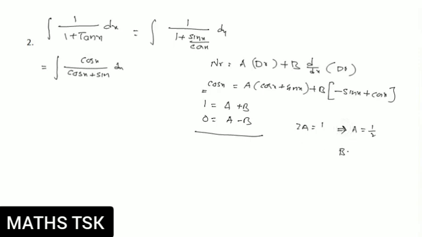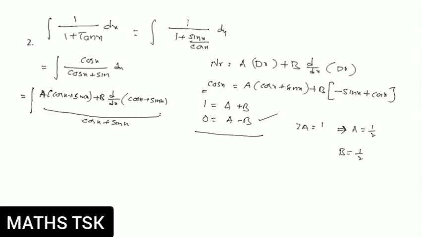B is also 1 by 2 since a is equal to b. Now come here. For this integration, I can write like this. Numerator cos x can be written as a into cos x plus sin x, and then plus b into d by dx of cos x plus sin x, by cos x plus sin x.